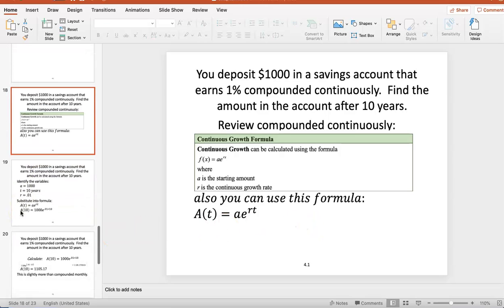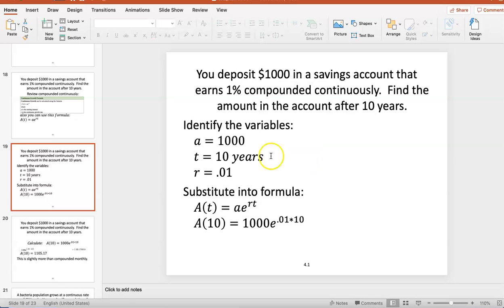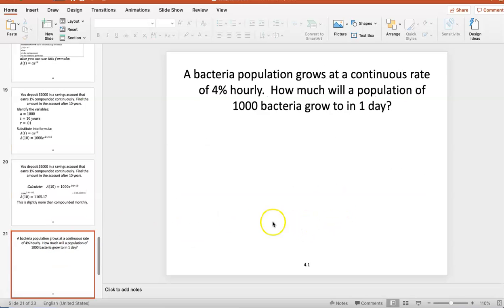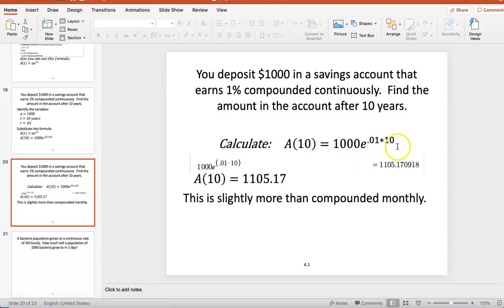Here, let's identify A, the amount you start with, T, 10 years, and the rate is 0.01. So we substitute in. Really, it's simpler arithmetic than the other problem. Here is your execution in your calculator, and we got $1,105.17.